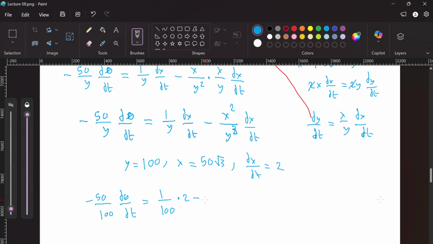But what is y cubed? 100 cubed. What is 100 cubed? Million, right? 6 zeros. dx over dt is 2.